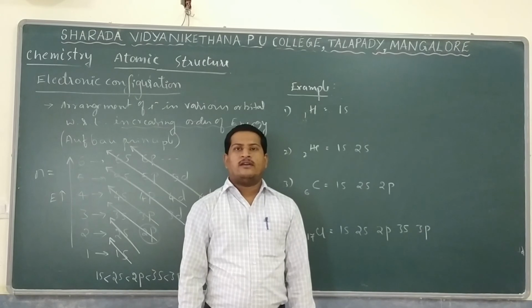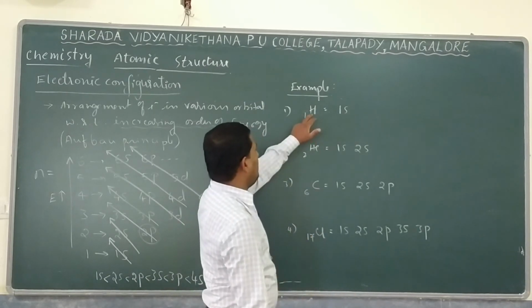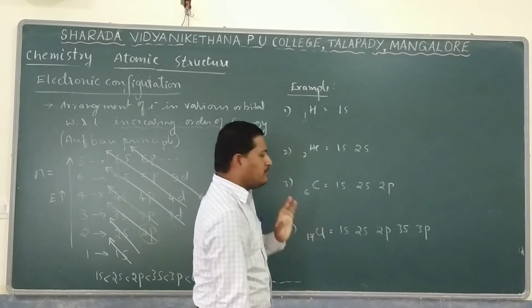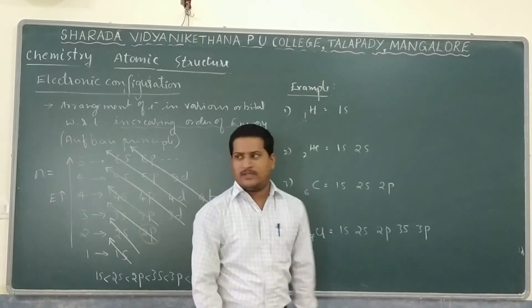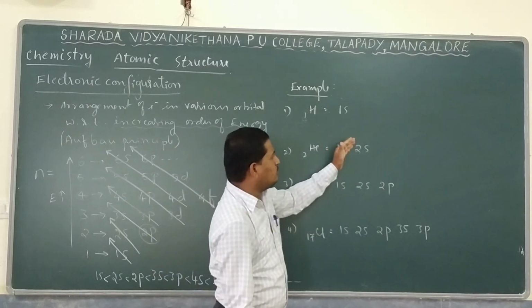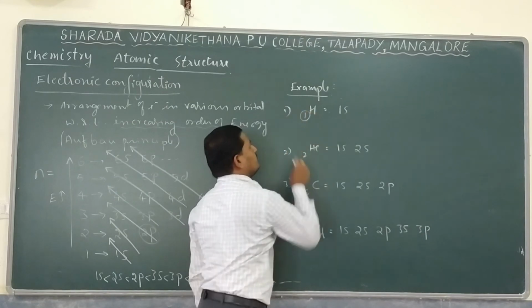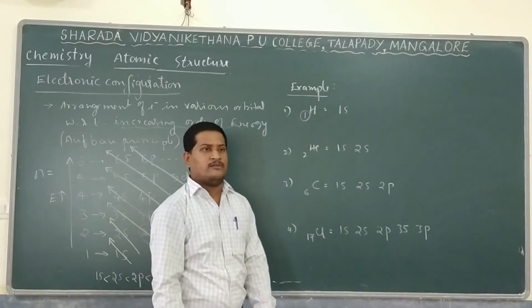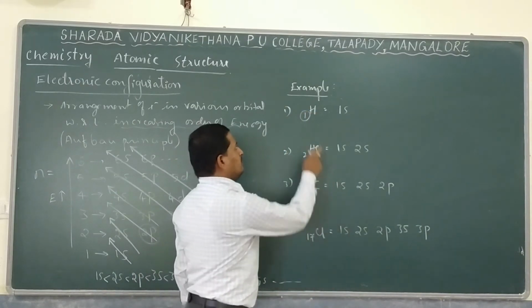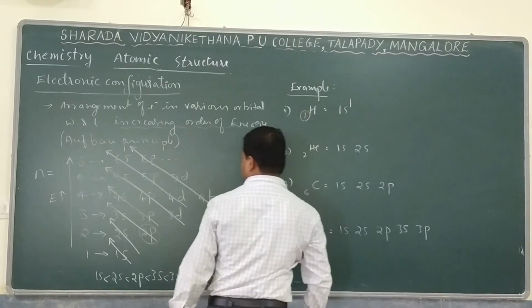Let us go for writing electronic configuration for a few examples: hydrogen, helium, carbon and chlorine. What is the electronic configuration? First we have to write the sequence: 1s, 2s, 2p, 3s, like that. In hydrogen, the number of electrons present is only one, so atomic number is important for writing electronic configuration. Since only one electron is present, it occupies the 1s orbital, so it is 1s1.